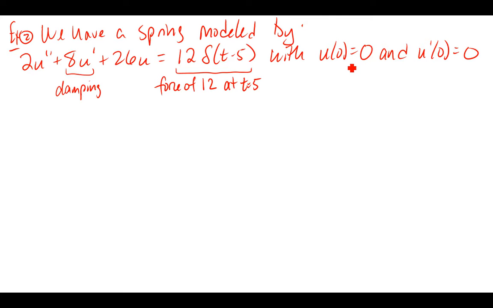Okay, and the usual, just to emphasize what's happening here, is that there's no starting movement, or whatever you want to call that, right? I'm not giving it any initial displacement, so I'm not pulling the spring down or compressing the spring up, and I'm also not giving it any initial velocity, so I'm not giving it a hit when it starts.